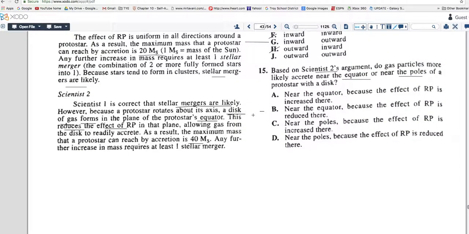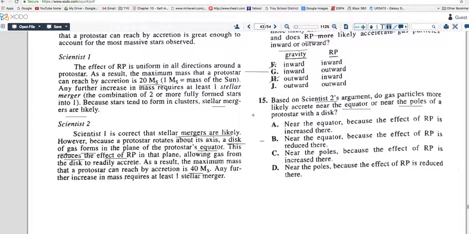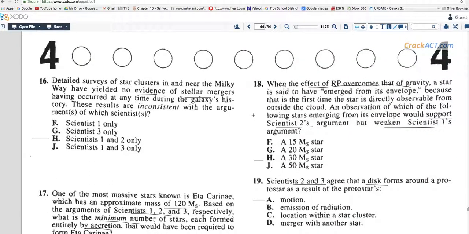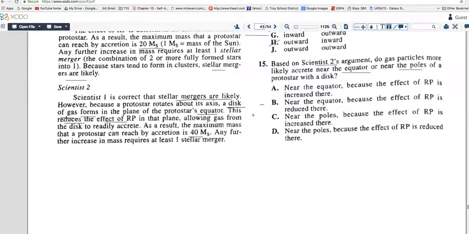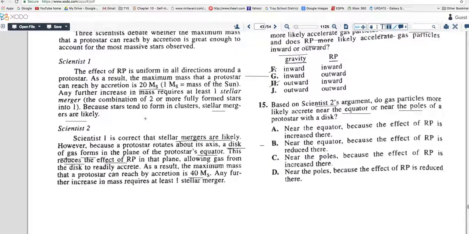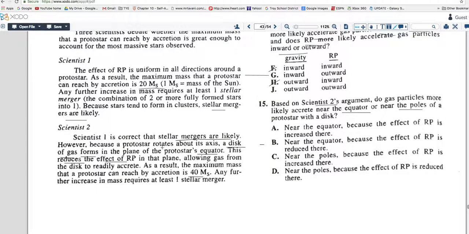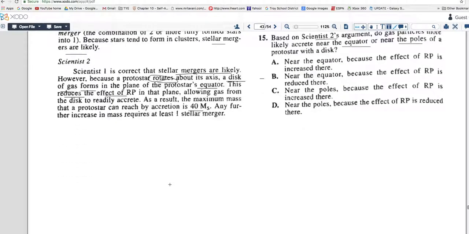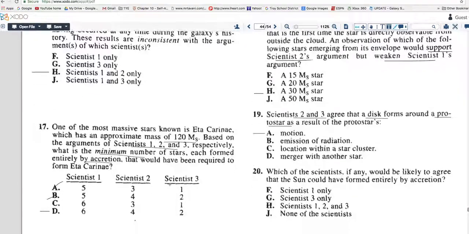So it says here in scientist 2's, however, because a protostar rotates about its axis, a disk of gas forms in the plane of the protostar's equator, and that's like motion. Good. What's the key word that indicates motion? Rotates. Good. Rotates. All right. Next one. 20.